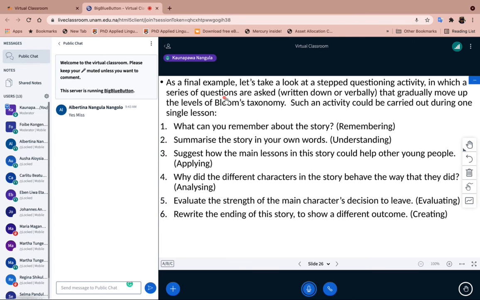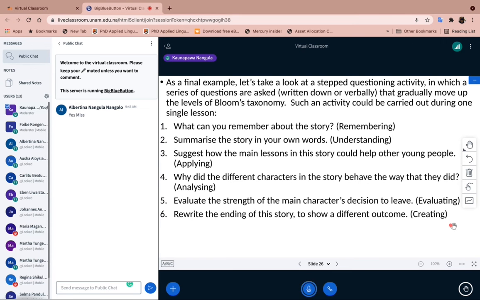And I really like this questioning activity, because it really starts from the lowest level and then goes up to creating. When you start with the lowest level and gradually move to the highest level, that helps the learners so much, because it will help them tackle the last cognitive process with so much ease.